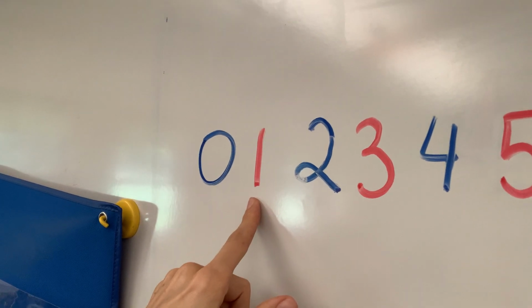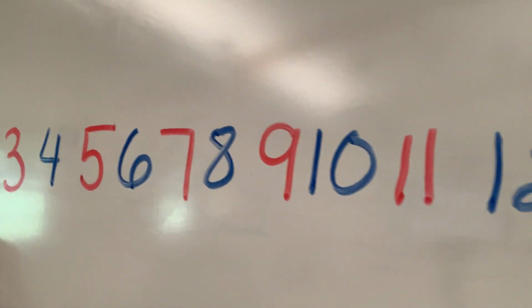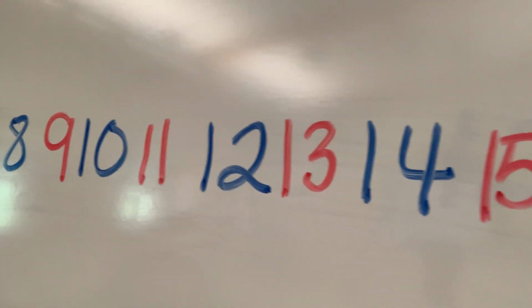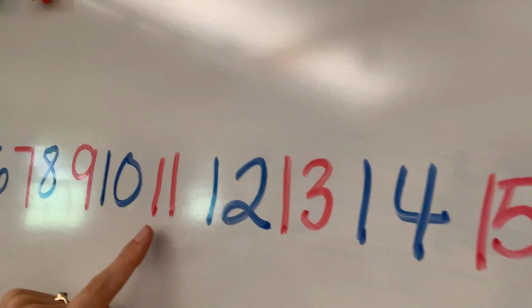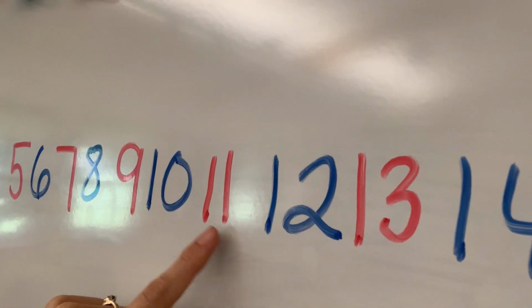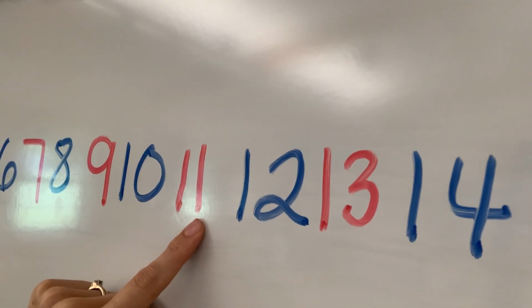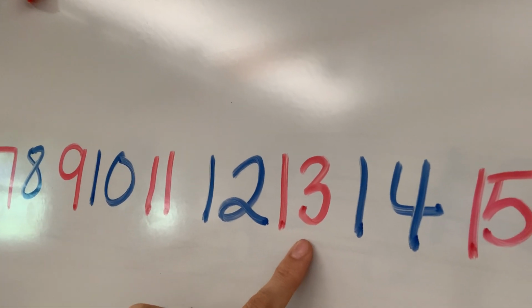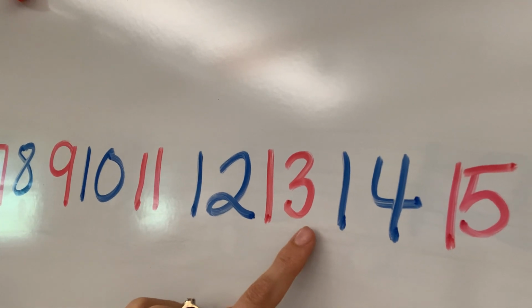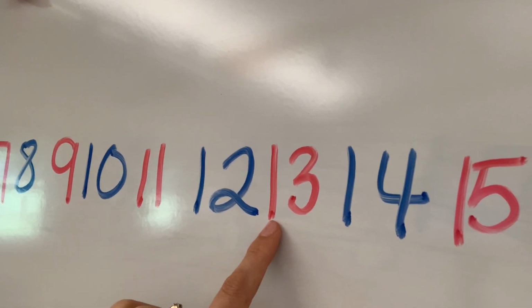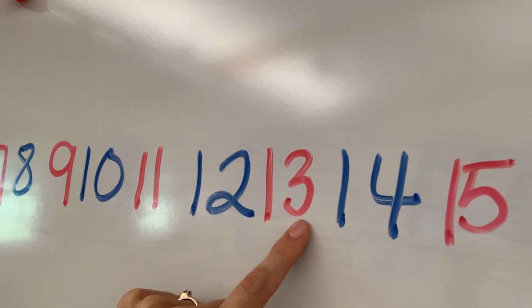So there's 1. Is there another one that's red and that finishes with 1? Do you see it? This one? This one has two 1s. One at the beginning and then 1 at the end. Very good. How about this one? Has a 1 and a 3. The 1 is at the beginning, but is there a 1 at the end?